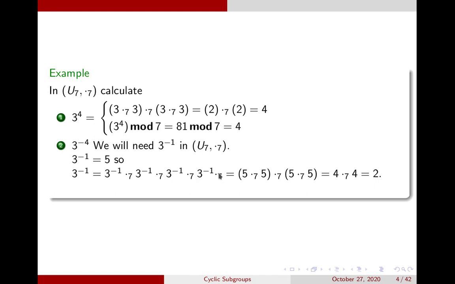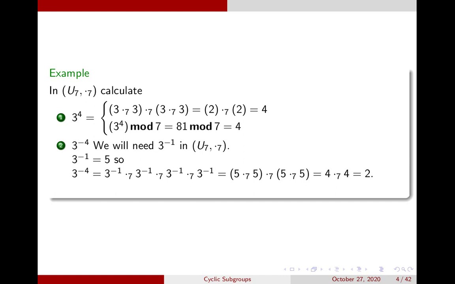Since 3 inverse is 5, we could do 5 times sub 7 5 times sub 7 5 times sub 7 5. 5 times 5 in U7 is 4, and 4 times 4 in U7 is 2.